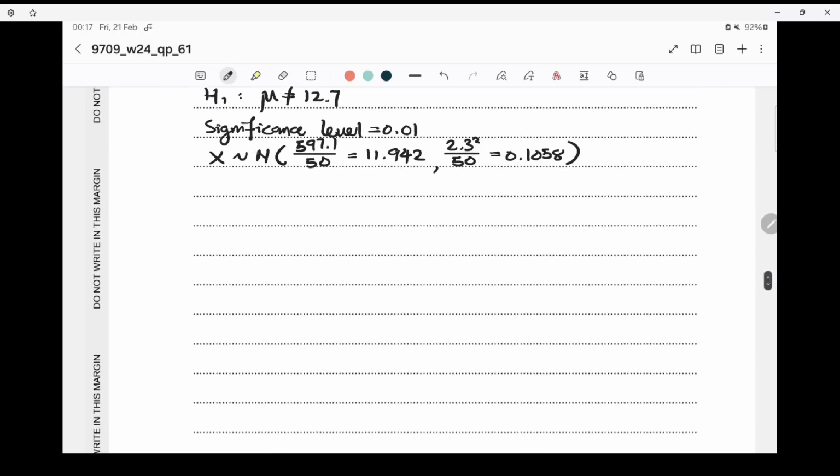So you have two tests. The first one being the right side. Test whether or not your mu is greater than 12.7. So you just convert this particular value into your z-score.